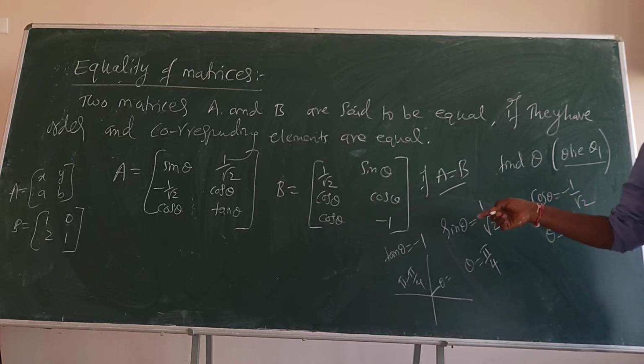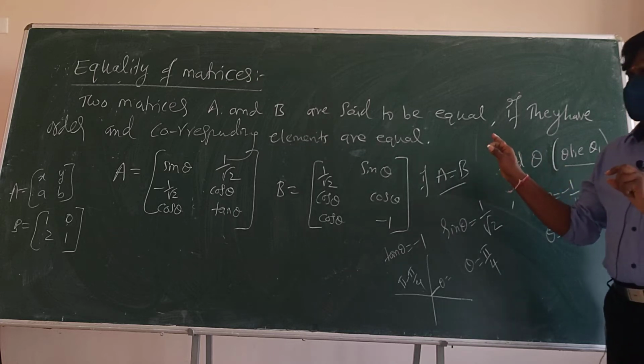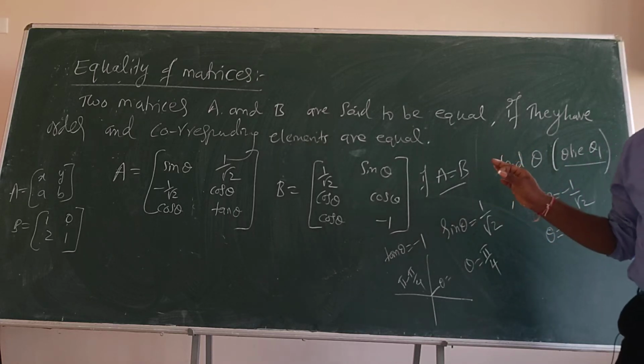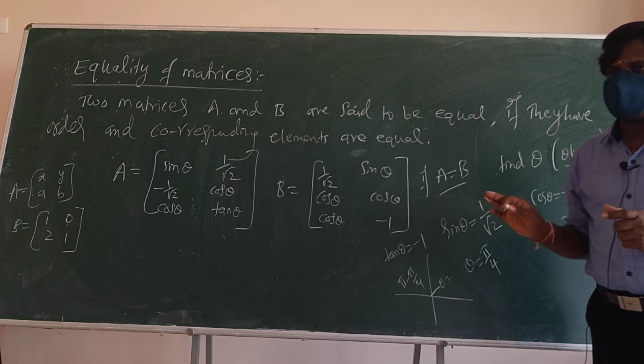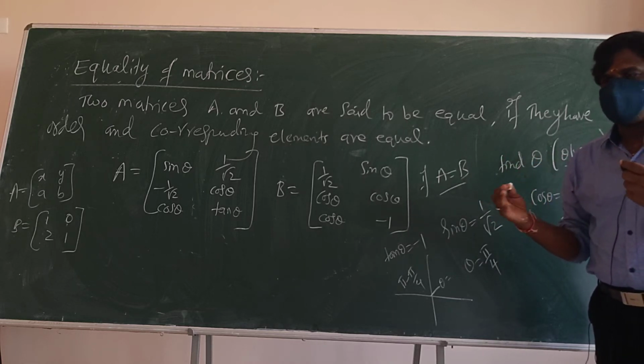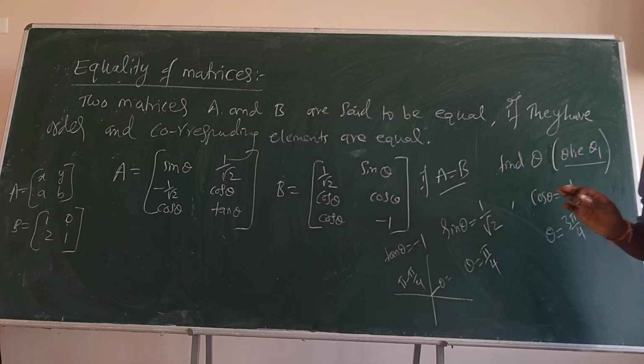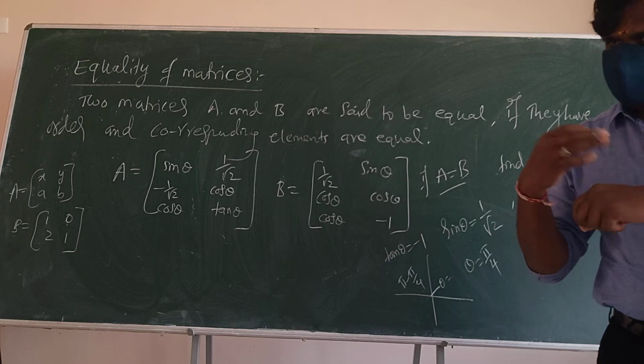So by using that we can write the general solution directly, (2n plus 1) pi minus pi by 4. But that concept you don't know right now, so I am not doing that one. This is only an introduction to make you understand that matrices are equal if the corresponding elements are equal and their order is the same. Just note this down.